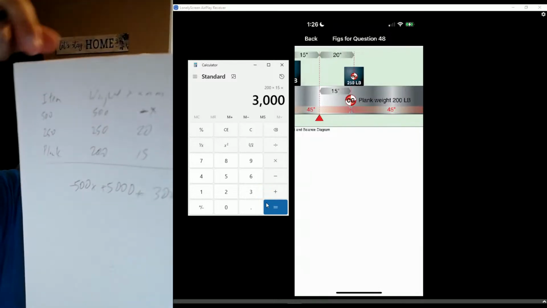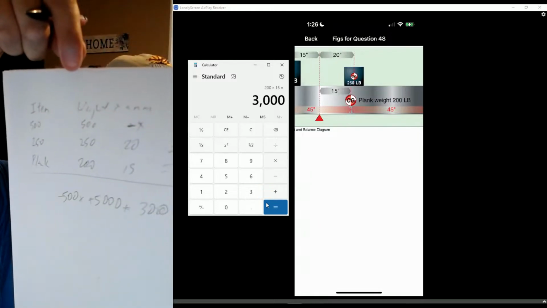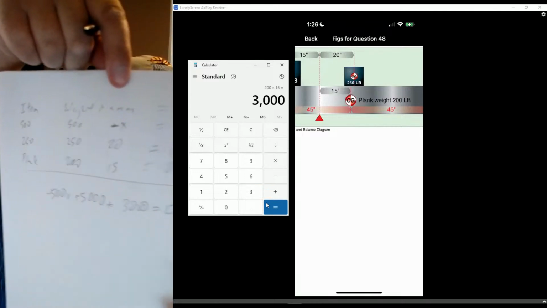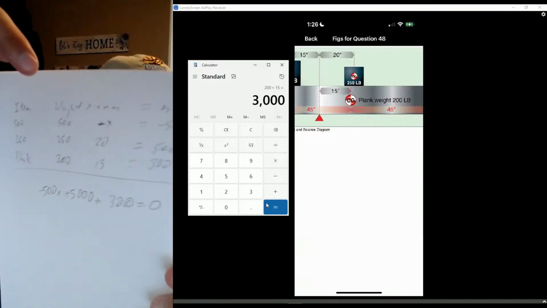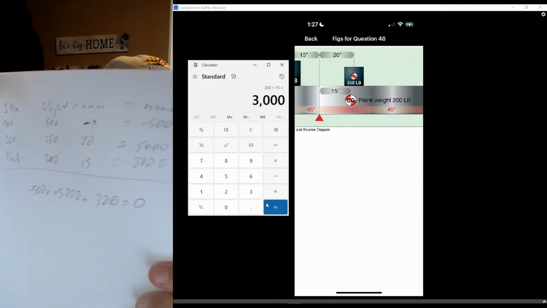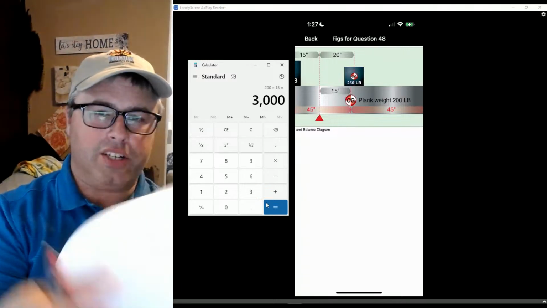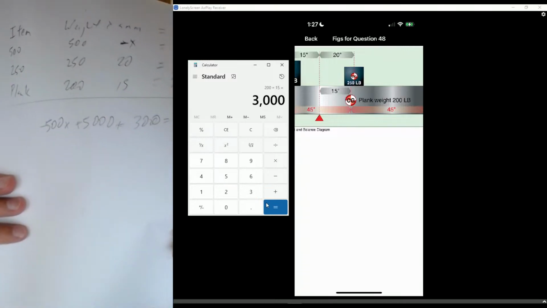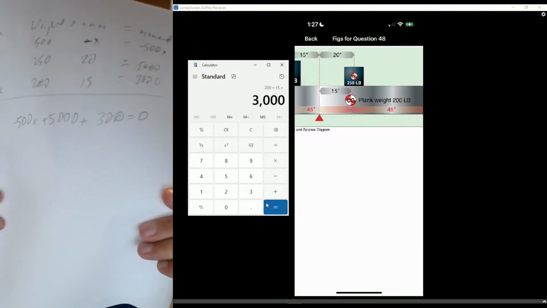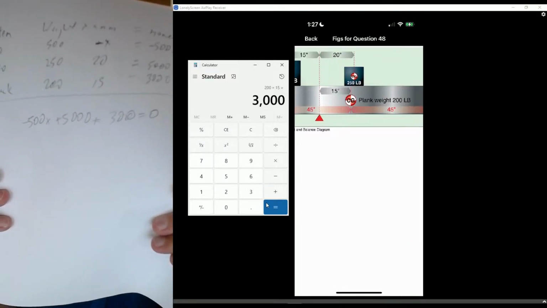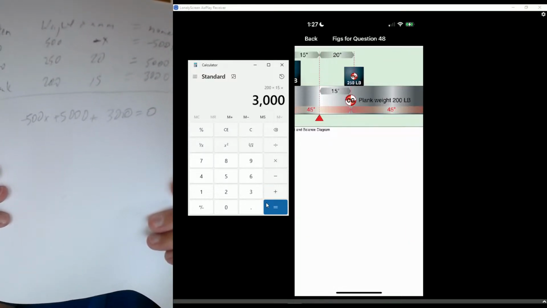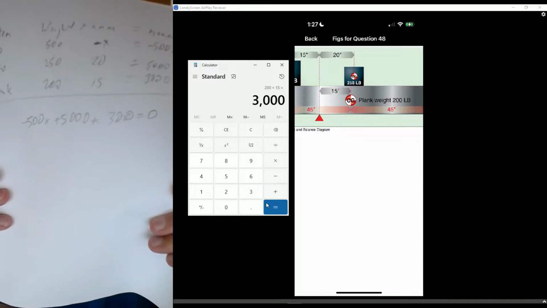Item, weight times the arm is equal to the moment. I've done that for the 500 pound, the 250 pound, and the plank. Then I just sum them up. Negative 500x plus 5,000 plus 3,000 equals 0.